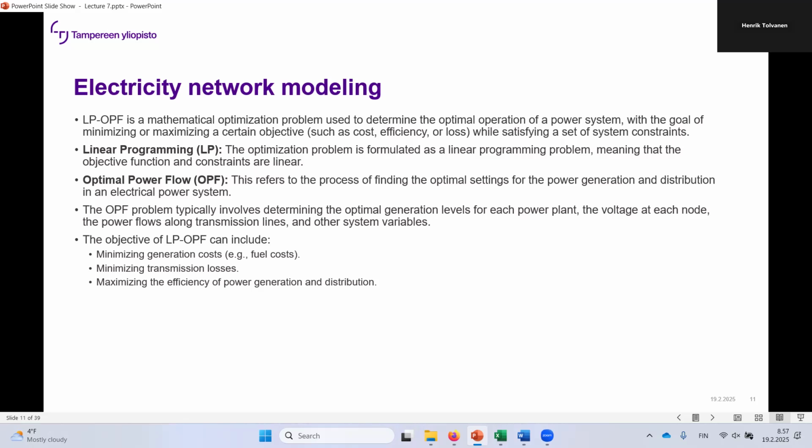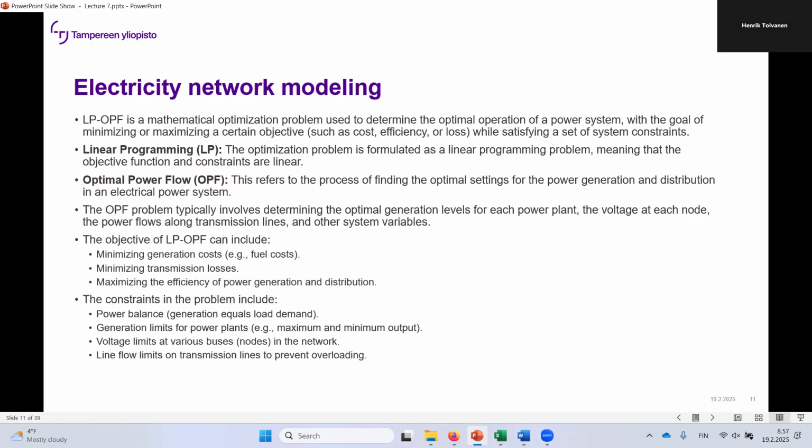So we're not exactly talking about the transmission losses in here, but we are talking about this line reactance, which is similar or analogous to resistance in these DC lines. So for AC lines, this reactance, we're taking that into account, and we're trying not to exceed these transmission capacities.